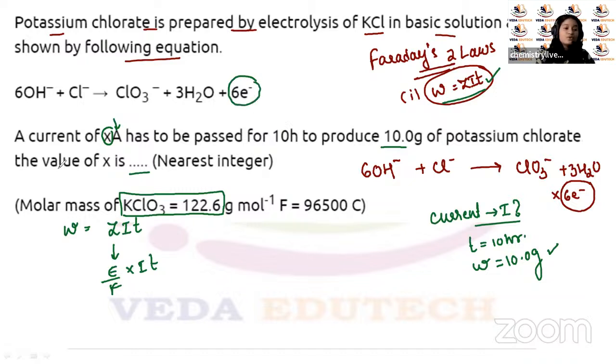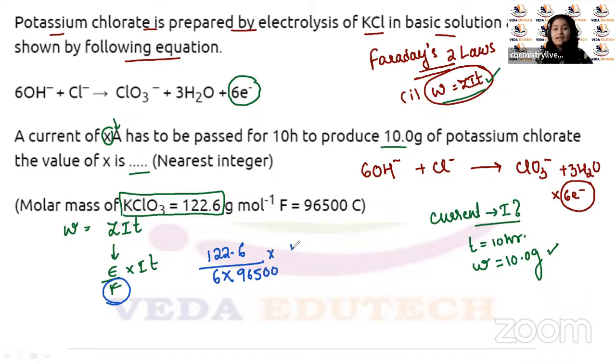So what are we going to do here? We'll write the molar mass and divide it by the number of electrons, right? So instead of E, we are going to write 122.6 divided by the number of electrons involved. And F we all know it is 96500. This is going to be the equation.